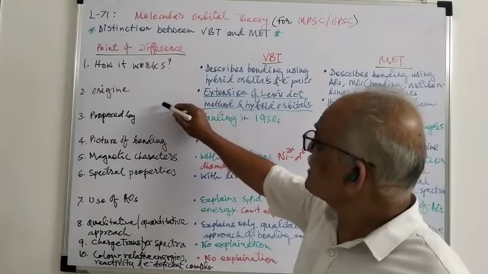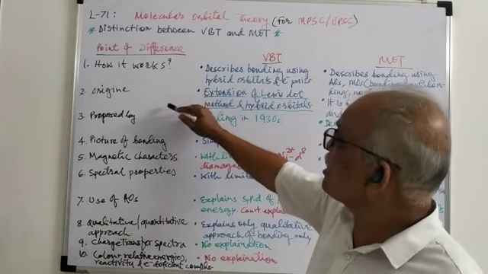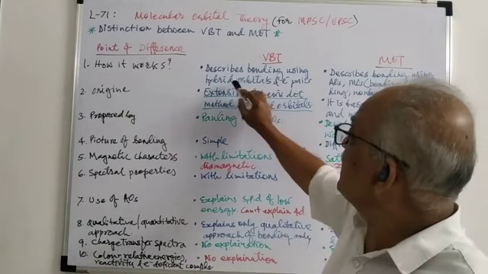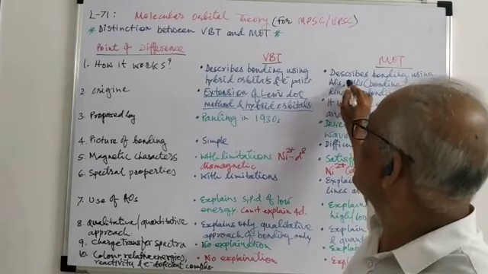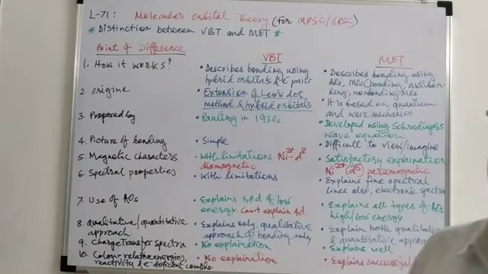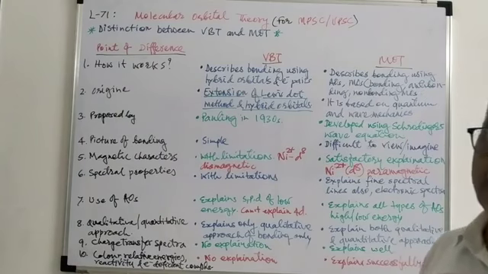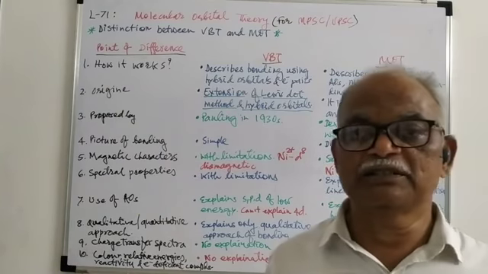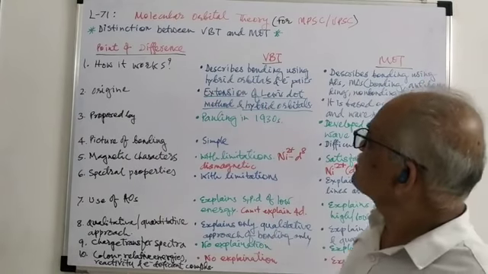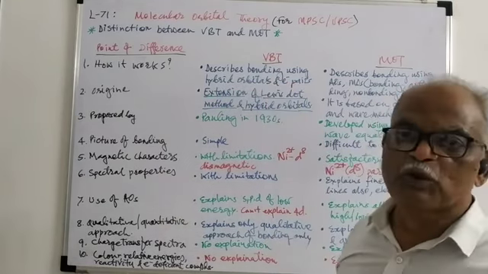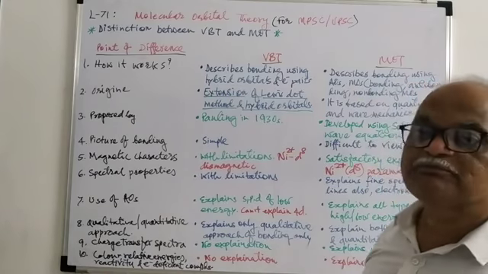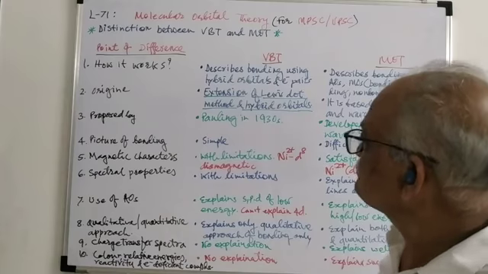Regarding the types of interactions, that is ionic interactions, covalent interactions, etc., VBT mostly uses the covalent type of interaction and also some ionic interactions.